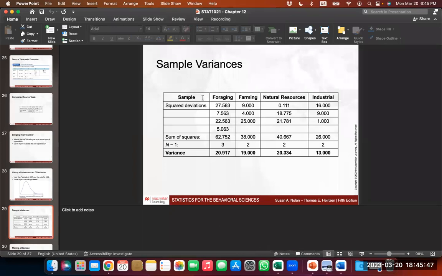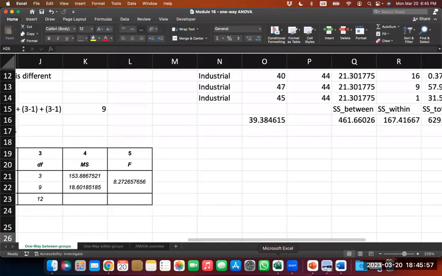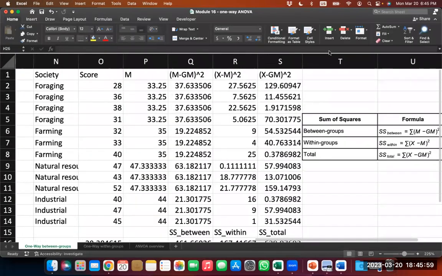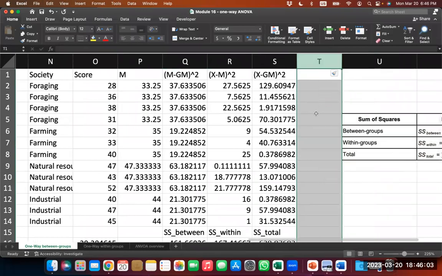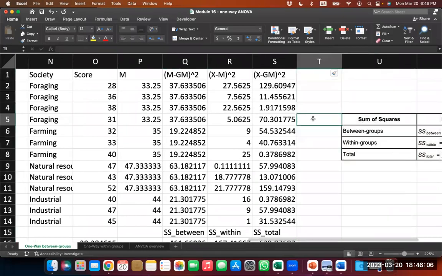Okay, let's get to that later. So here are the sample variances. You need to calculate the sample variances because we are assuming homoscedasticity, right? If you have a sample variance, you have x minus m, which gives you the individual squared deviation, just like calculating the standard deviation, same thing.